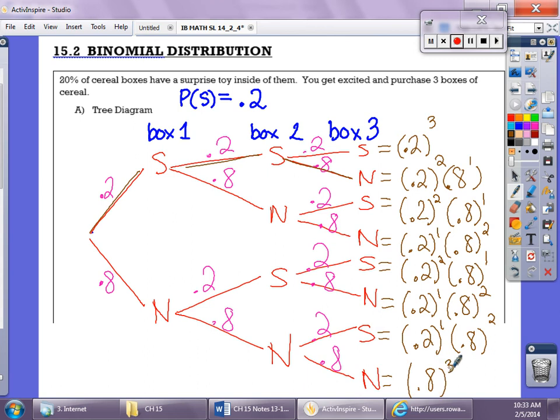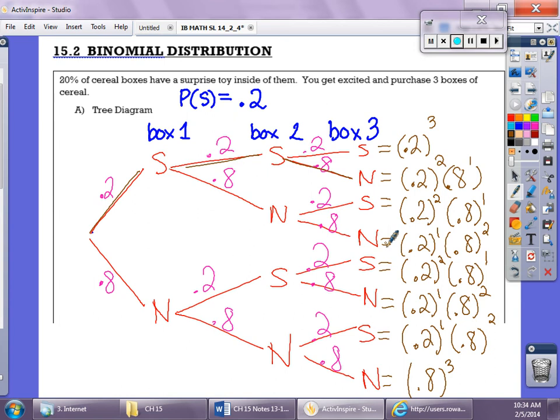I'm just going to double check them because I'm afraid I might have messed up somewhere. So SSS, SSN has 2 S's, SNS, NSS 2 S's, SNN, NSN 1 S each, NNS, and NNN. Alright, so those are all the probabilities. Now I haven't multiplied them out. I actually wanted you to take a look at them.